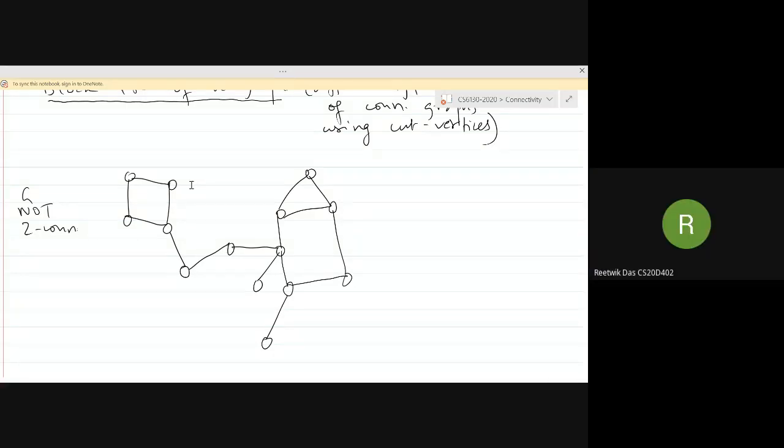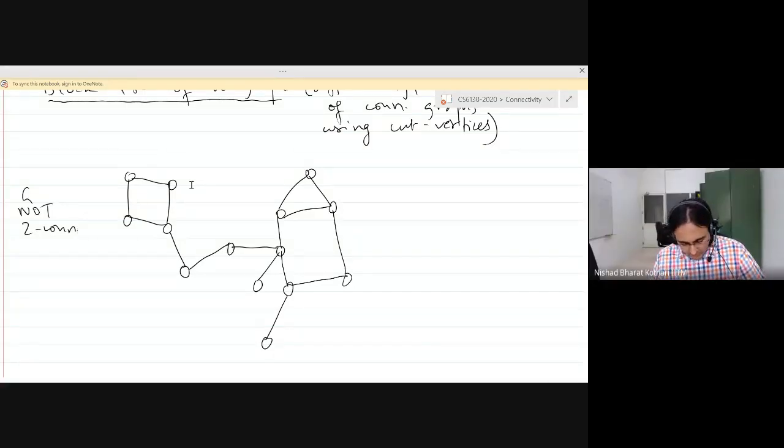Four. 1, 2, 3, 4. Do you see one more, or is it 4? Someone says five. Right. Okay. So you agree it's 5. So there are 5 cut vertices here, right?